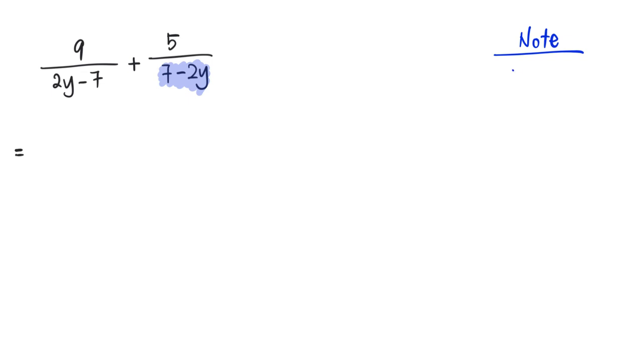So 7 minus 2y can be rewritten as, I take out negative 1 as the common factor. I will have a negative 7, positive 2y inside, because negative times negative will give me back my positive 7.